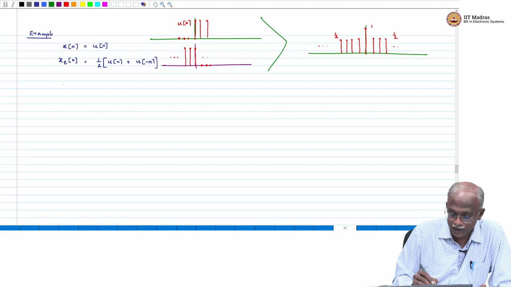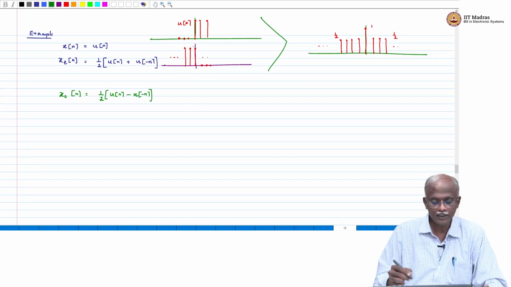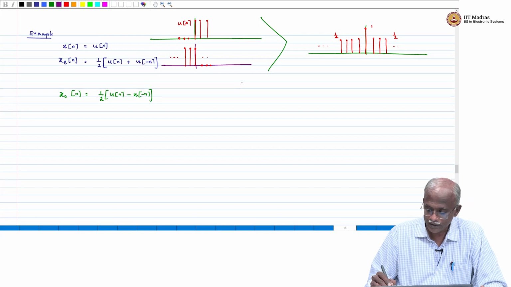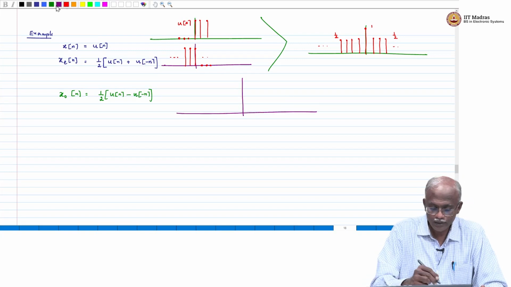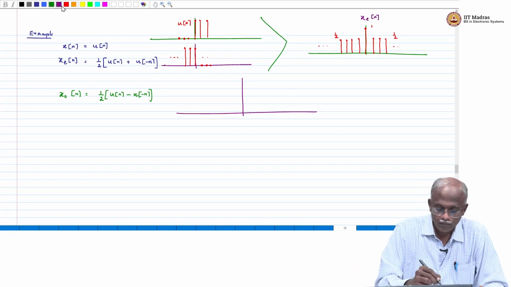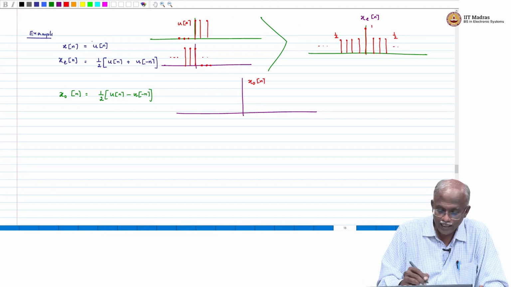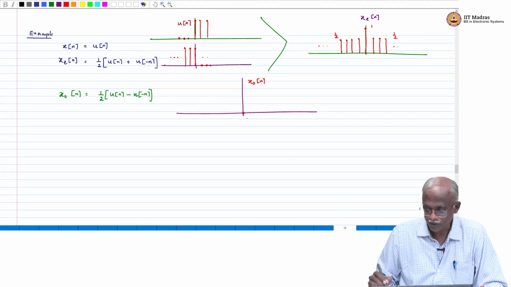Now sketch x odd of n, 1/2 of u of n minus u of minus n. These two you have to subtract. Then you get a very interesting sketch. By the way, this is x even of n. I'm going to sketch x odd of n. For x odd of n, the sample at n equal to 0 cancels out.